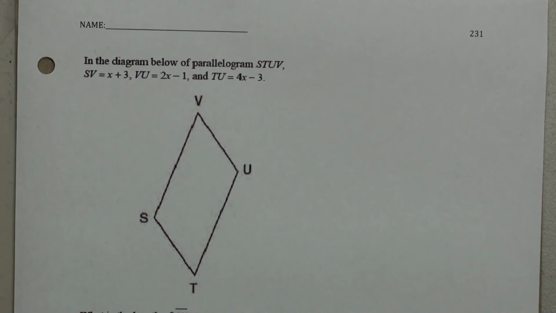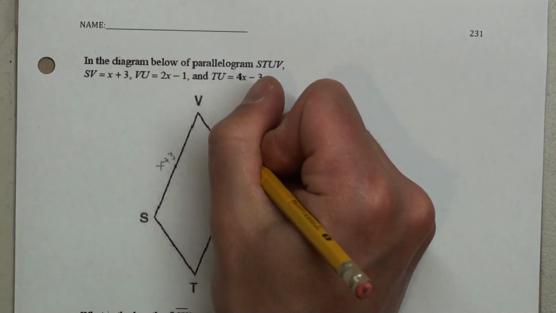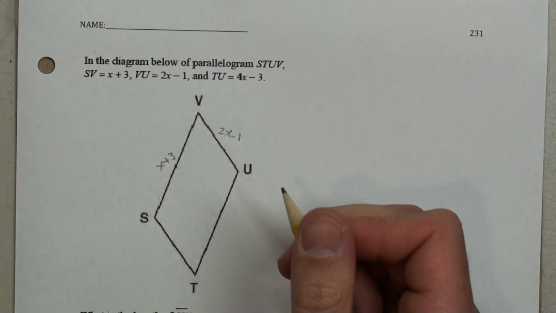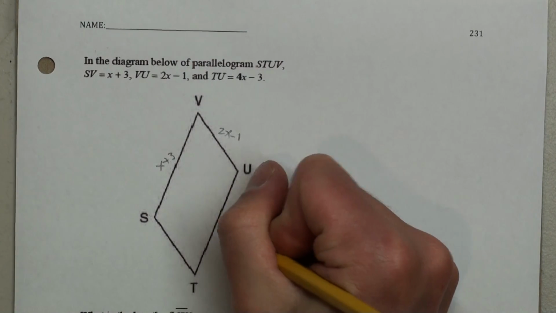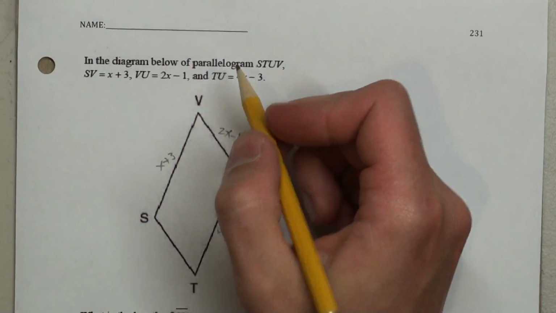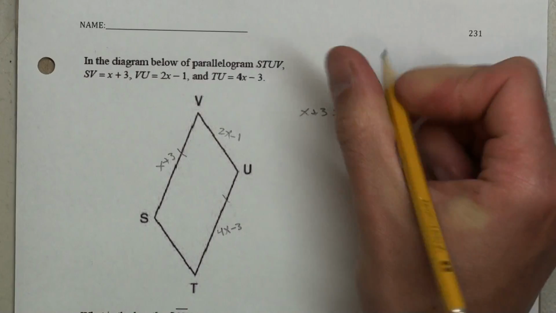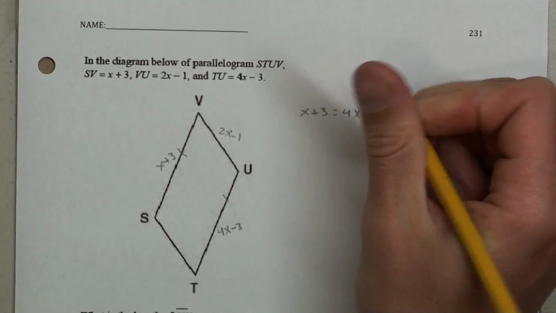In the diagram below, SV is x plus 3, VU is 2x minus 1, TU is 4x minus 3. What is the length of SV? It's a parallelogram, so we know the opposite sides are congruent, so x plus 3 equals 4x minus 3.